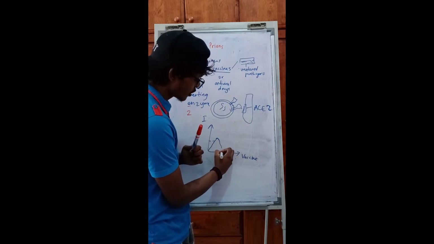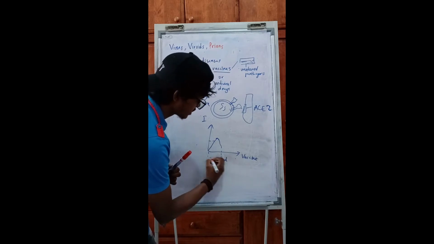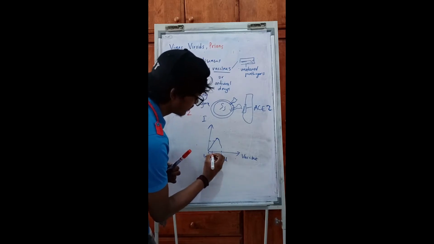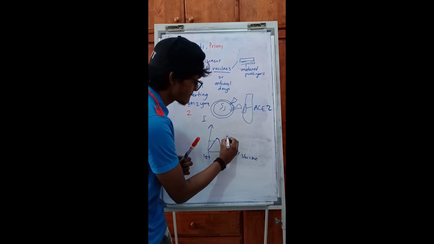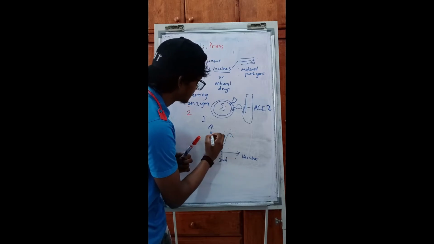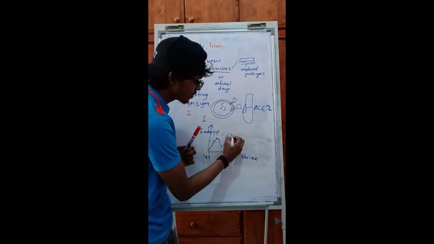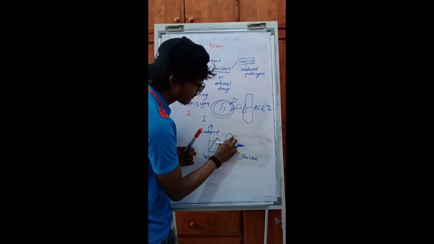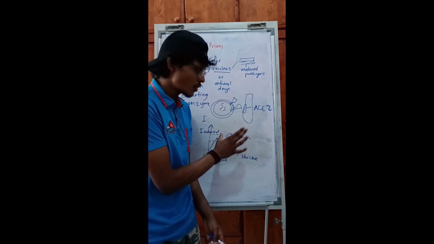At this point comes the second injection, and it rises again, and at some point this will be the immunity level achieved. At this point the person is immune to COVID-19.